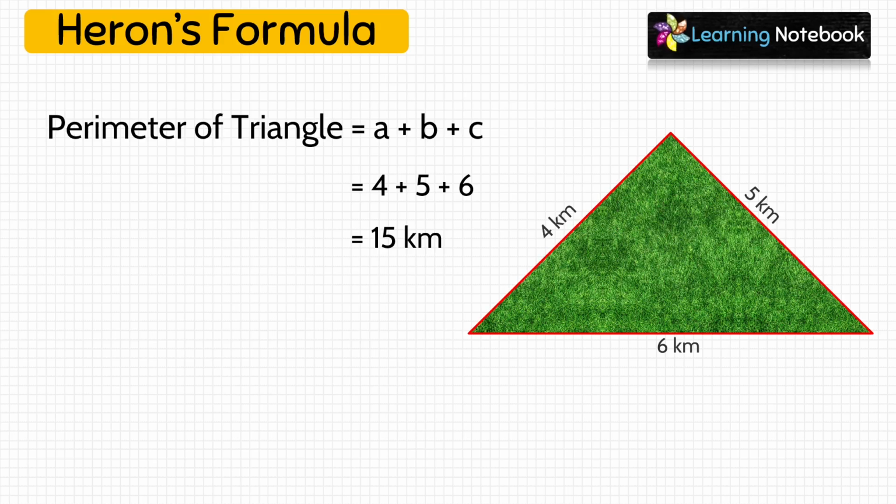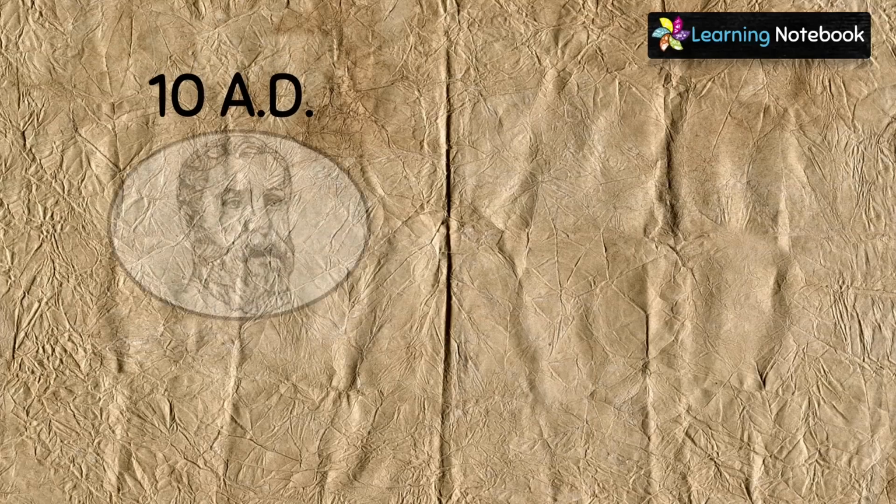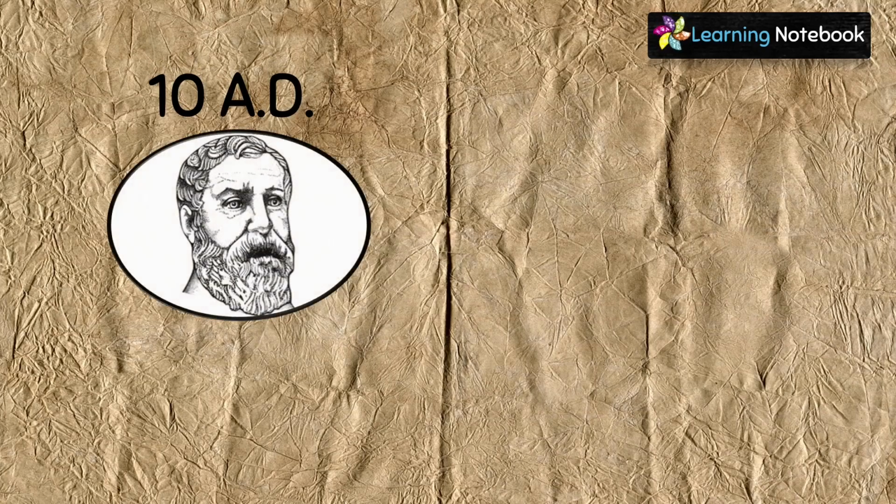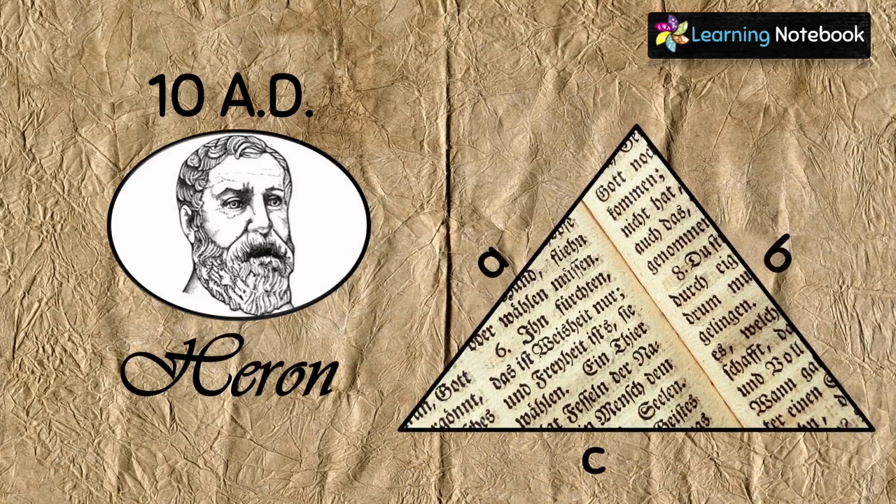But students, we are not the first ones to come across such a problem. Let's go back in history. In 10 AD, a great applied mathematician, Heron, was also interested in solving this problem.